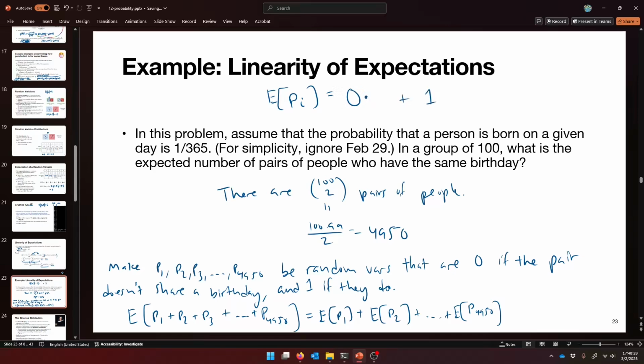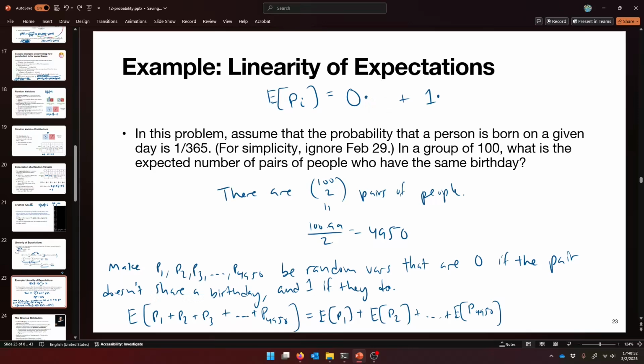You're going to multiply these different values that the random variable could take on by the probability that it took on those values. So it's a 0 if that pair of people didn't share a birthday. What is the probability that a pair of people does not share a birthday?